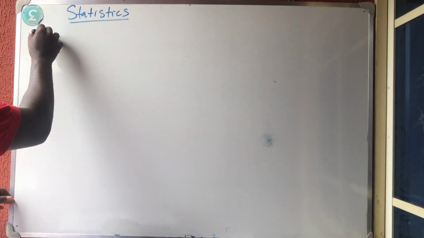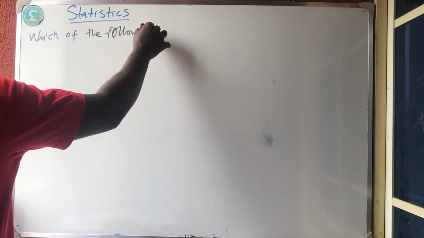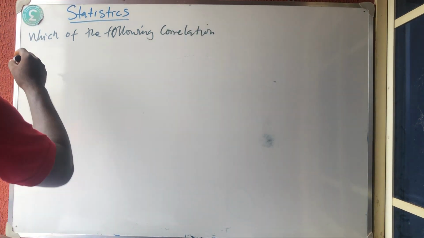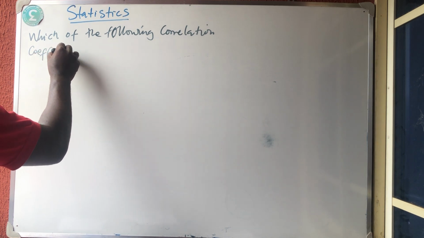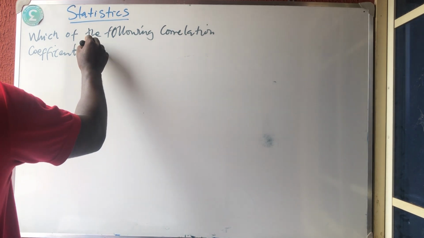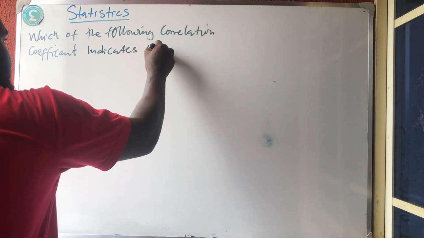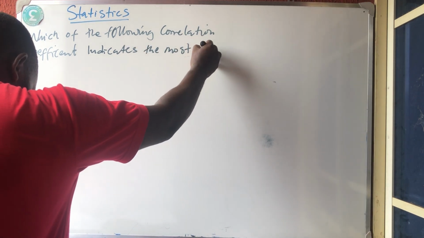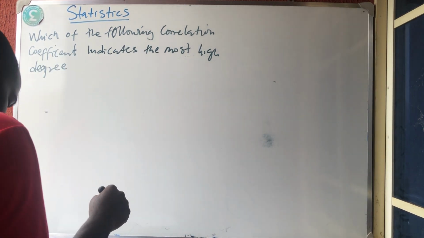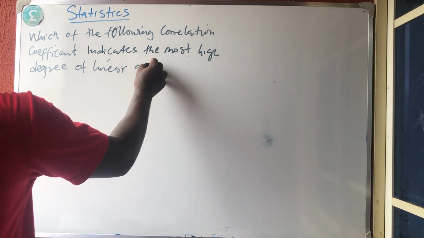They say which of the following correlation coefficients indicates the most high degree of linear association.